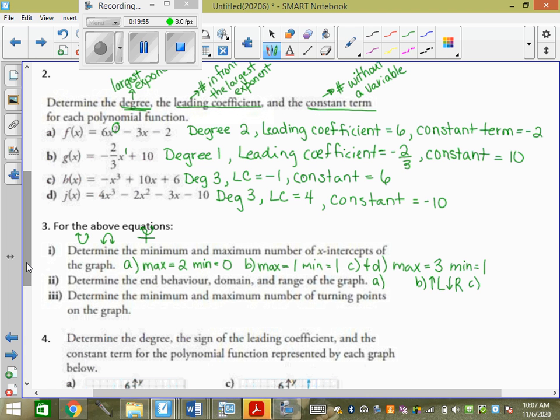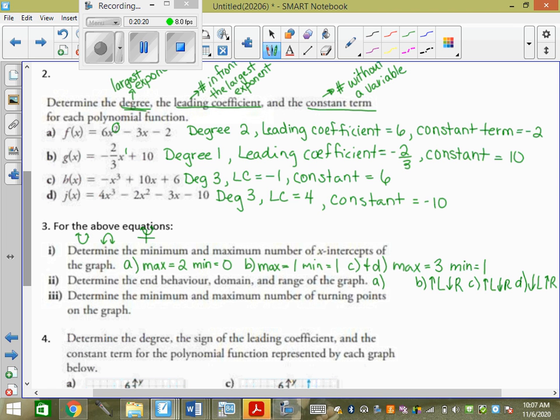Same thing. It's a negative leading coefficient, and it's an odd degree. If it's an odd degree, they're in opposite directions, right? So it's actually going to be down on right, up on left. What about D? Up on the right, down on the left. Yep. Because it's a positive leading coefficient.